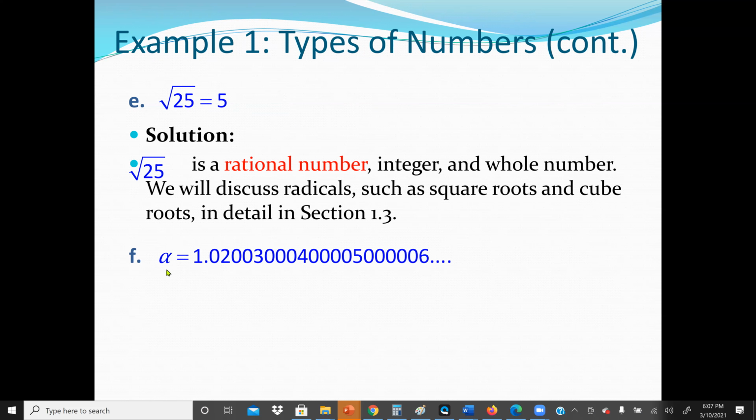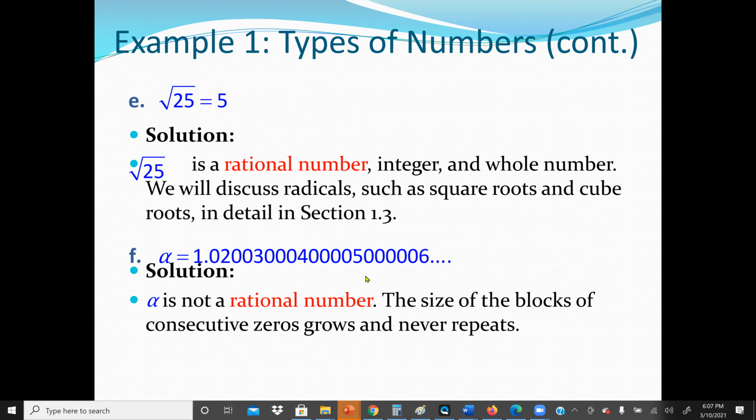Now we have alpha equal to 1.020030. When we look at this value, we might think there's a repetition, but alpha is not rational, there's no repetition. We can see 1.02003300004, and we keep going.